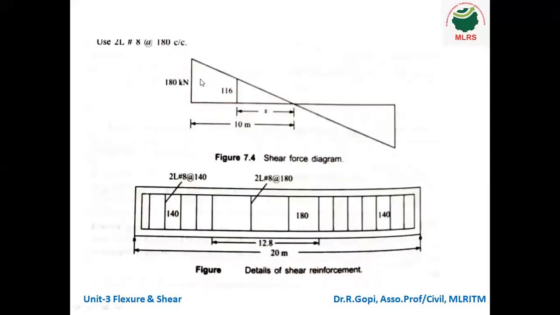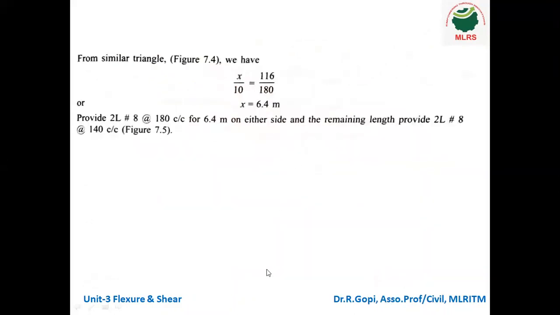But shear is maximum at the support, so we have to provide closer stirrups, that means 140 mm center to center at this end, and we have to provide the minimum shear reinforcement from this 116 kilonewton onwards. So for that only we have to find the x value. Based on that, draw the diagram. Once you go through these two problems, you can clearly understand. Okay, students.